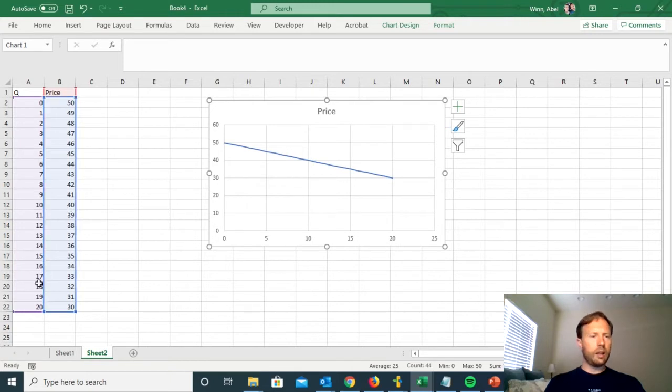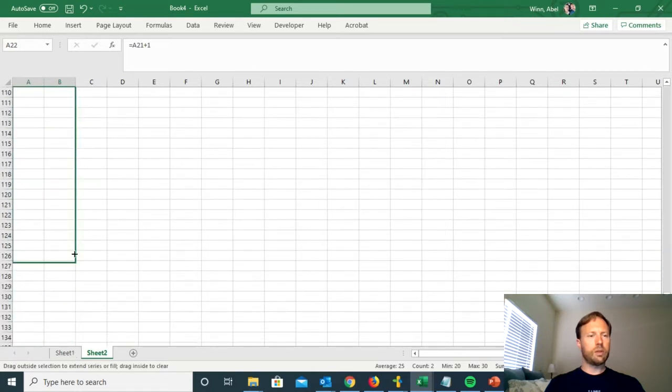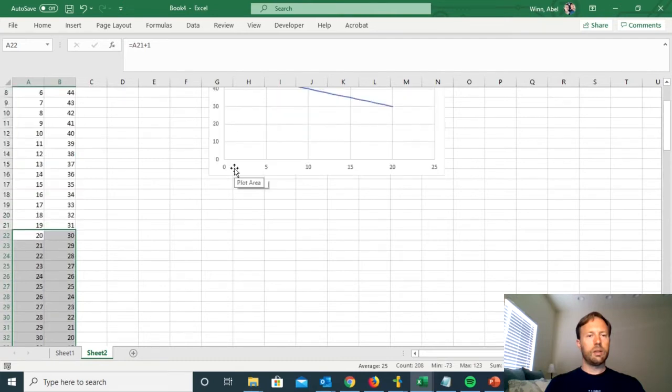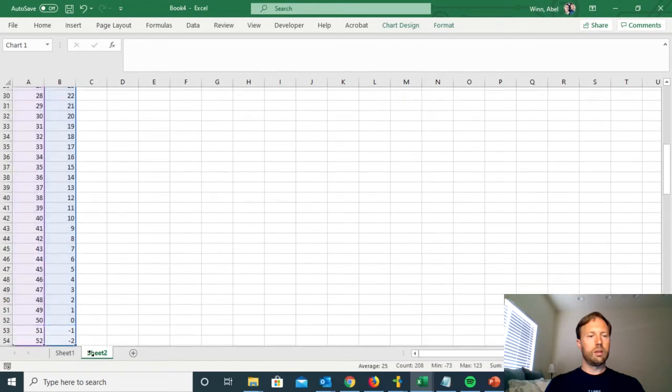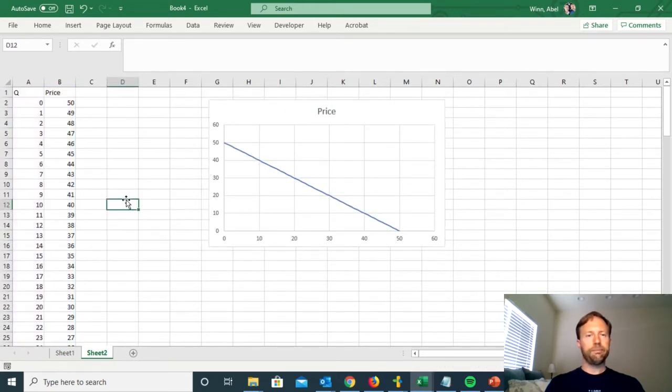Okay, and let's take this out to, I don't know, 50 units or so. We'll stop there. So there's the demand curve.